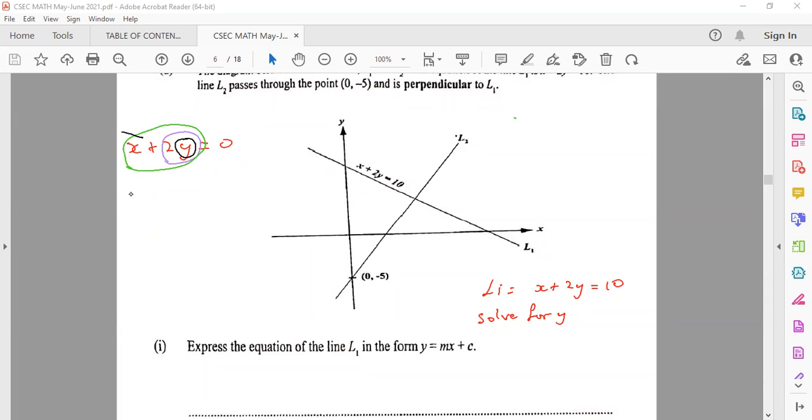So x plus 2y minus x equal to 10 minus x. Because I'm trying to get rid of the x, since it's adding, doing the opposite, I'll be subtracting. I am left with 2y equal to 10 minus x.